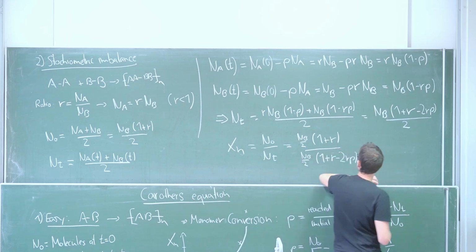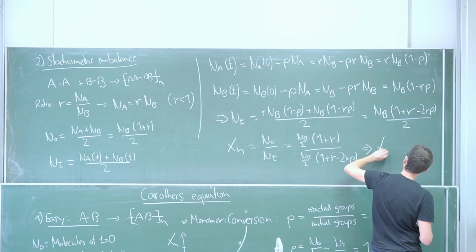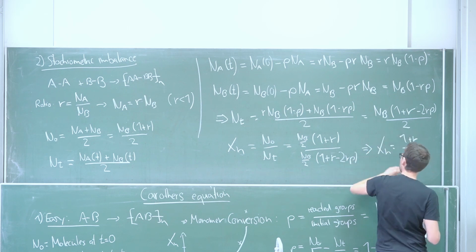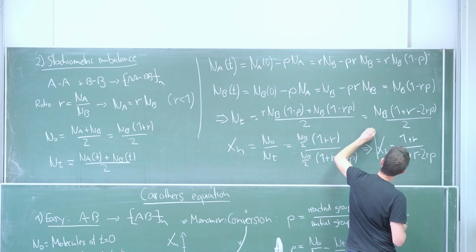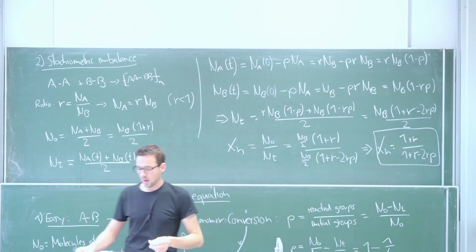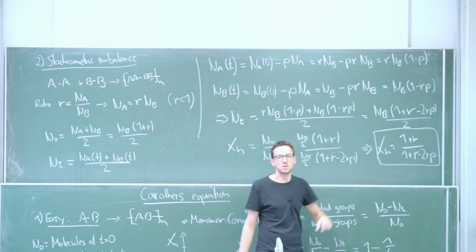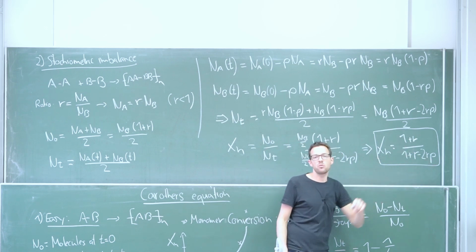And this is the following expression. So now this gives us the expected degree of polymerization, or the expected chain length, as a function of R and as a function of P.